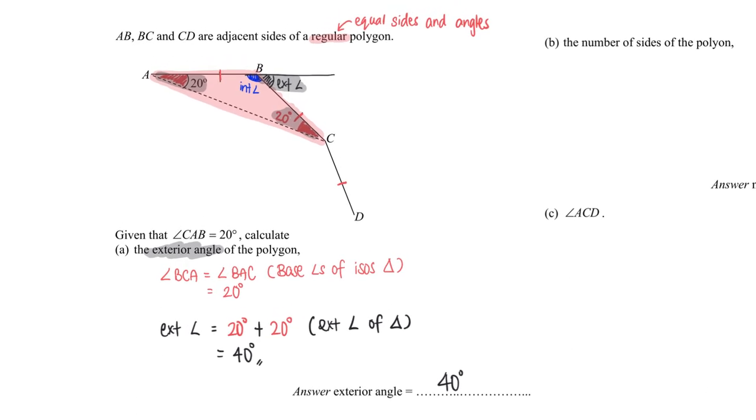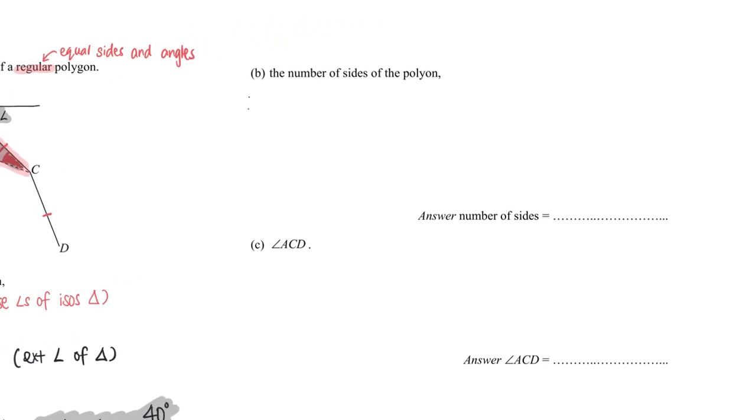Okay. Part B, find the number of sides for this polygon. Now that we know the exterior angle is 40 degrees, do take note that since this is a regular polygon, all the exterior angles will be the same. And I also know that the sum of exterior angles is equal to 360 degrees.